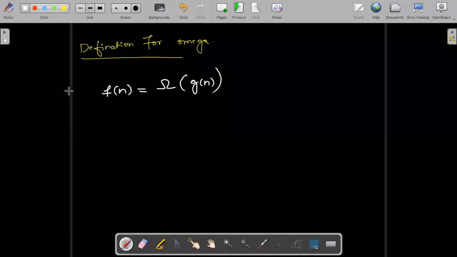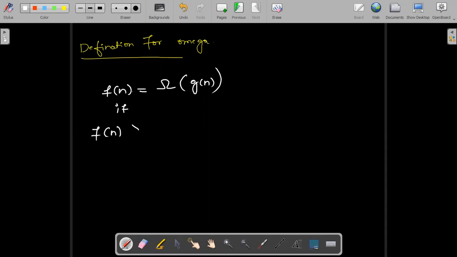No, not at all possible. That's why a constant is there; I will take care of all these things. It will say f of n is equal to big O of n if function f of n is greater than or equal to a constant times g of n, for all n values.